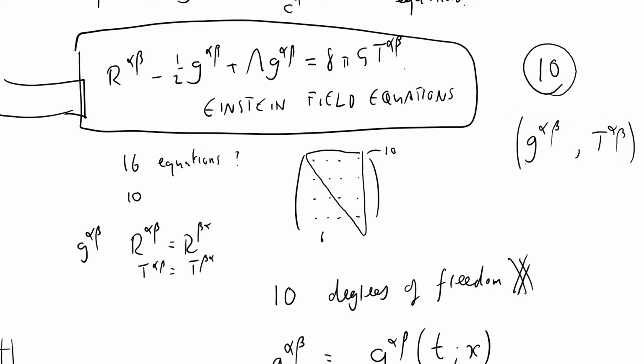We've got a pair of tensors here which have between them 20 degrees of freedom, I guess, but we are placing 10 restrictions on this pair of physically meaningful tensors here. And that's how I prefer to view the Einstein field equations, as a restriction on the pair of tensors, metric tensor and the stress energy tensor.